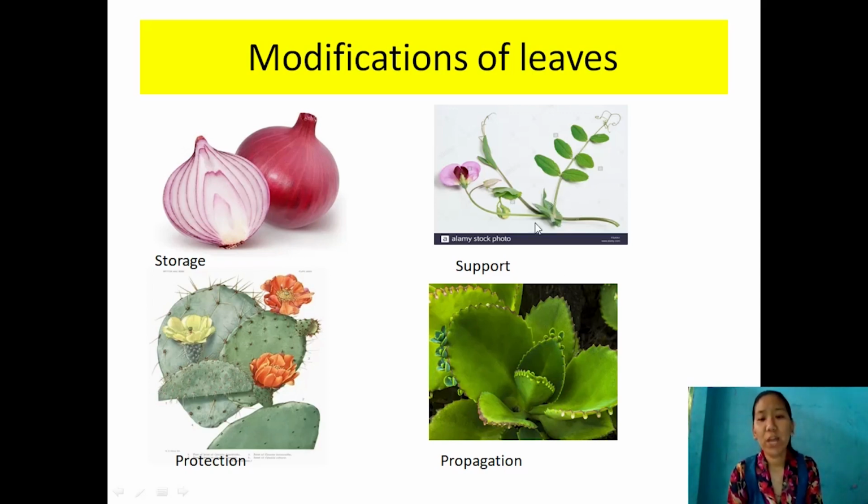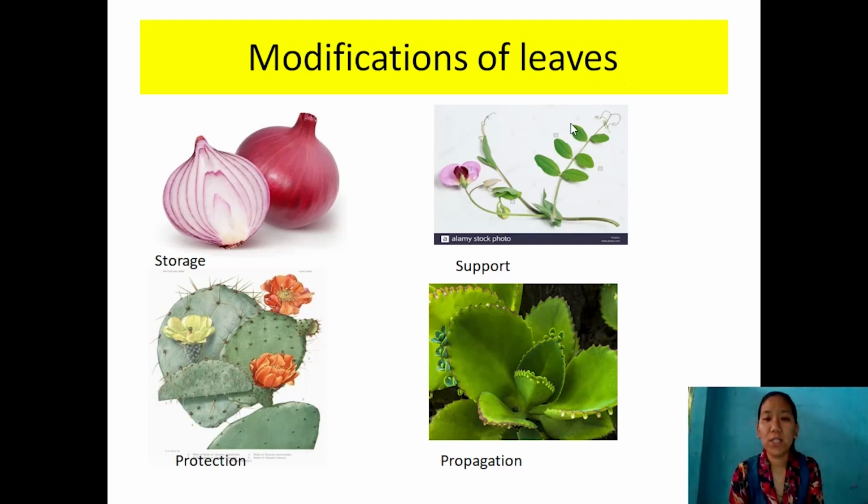It is also modified for support here. As you can see, this is a compound leaf. This whole is considered a single leaf, and each one is a leaflet, and this is a rachis. Here you can see that a part of the rachis, the terminal part, is modified into tendrils so that it can get support from another plant.